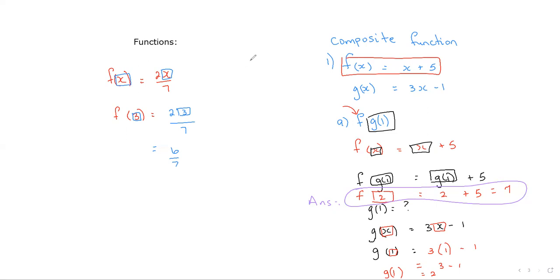When it comes to functions and relations, you are basically substituting. So I'm going to go back a bit and then move forward to this one.